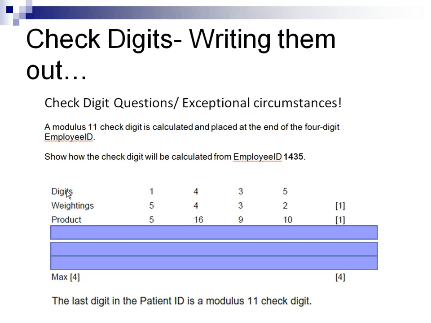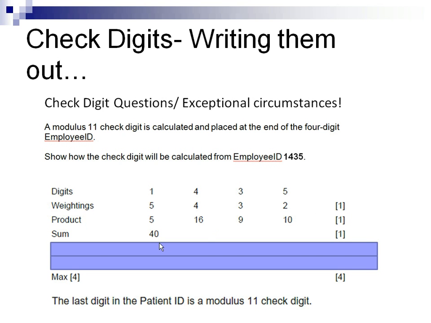So we write out the digits, we write out the weighting, we write out the product. After we've got the product, we have to add these all up. So 5 plus 16 is 21, plus 9 is 30, plus 10 is 40. There's our sum there, 40. The next thing we do is divide by 11 and try to get the remainder after division. I know that 3 times 11 is 33, and 33 plus 7 is 40.